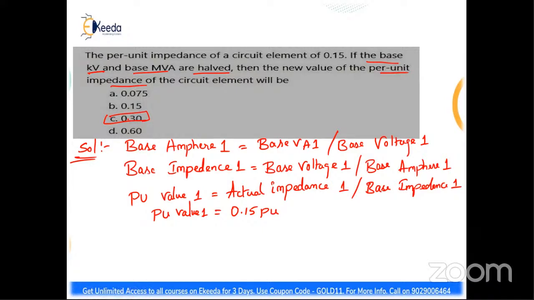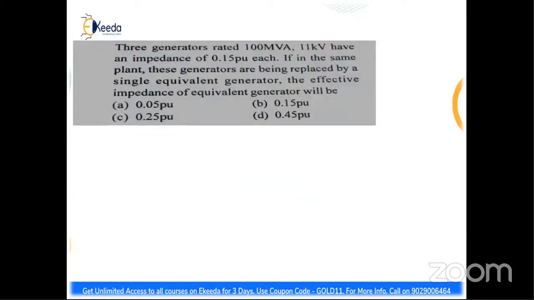Clear? So next, 3 generators rated 100 MVA, 11 kV, have an impedance of 0.15 per unit each.